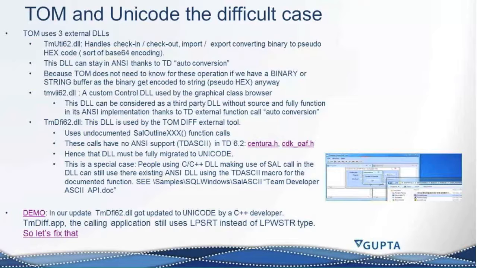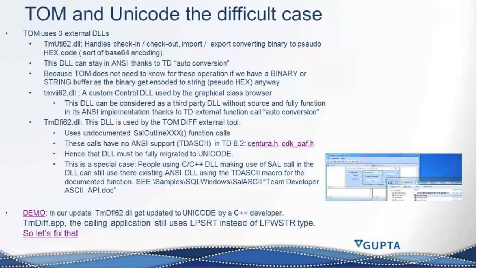So all binary code is converted by TD algorithms, just like base 64 encoding, because here I'm dealing only with NC, because TD automatically converts. It takes care of the conversion. So this DLL can stay in NC again thanks to TD auto conversion, because Tom does not need to know for these operations whether we have a binary or a string buffer, as the binary gets encoded to string.